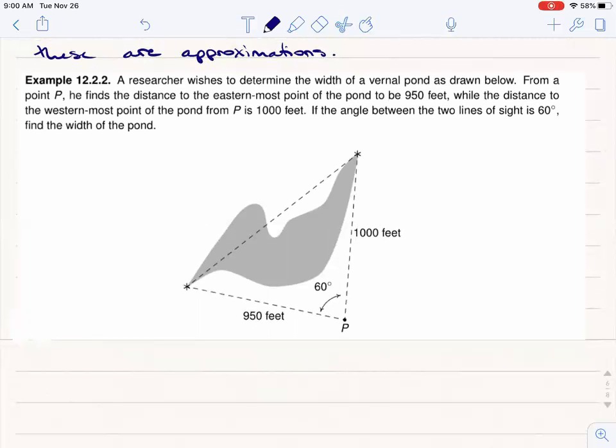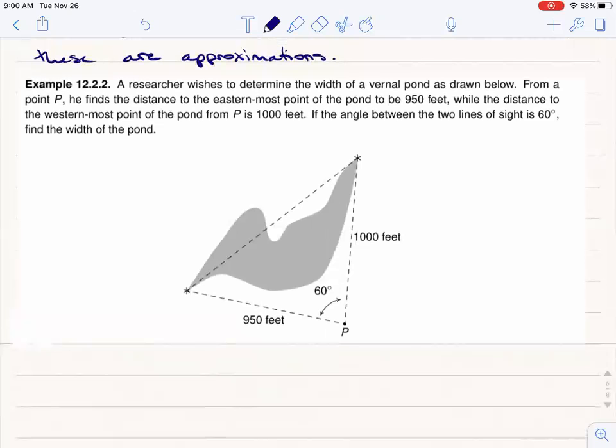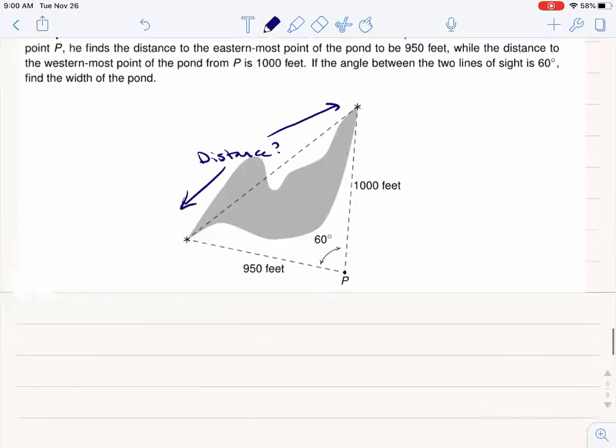We want to solve for this distance, from here to here. Arbitrarily labeling this angle as alpha, which is 60 degrees, then A is going to be that distance.